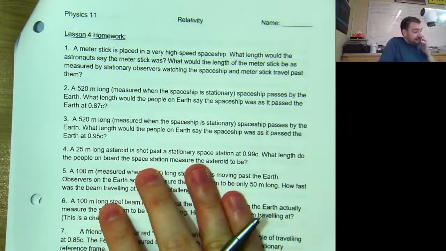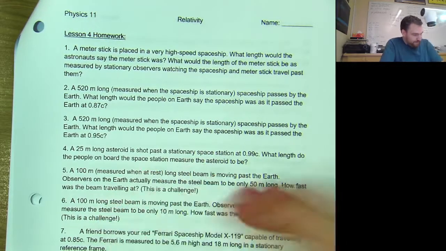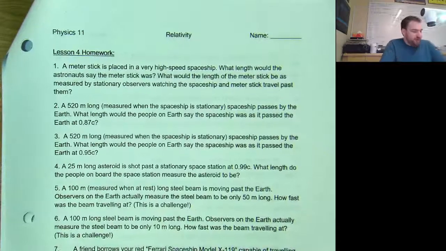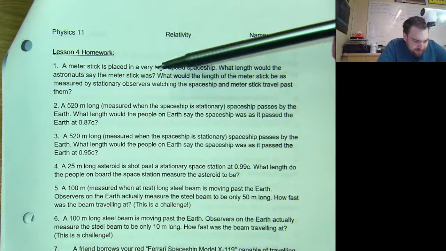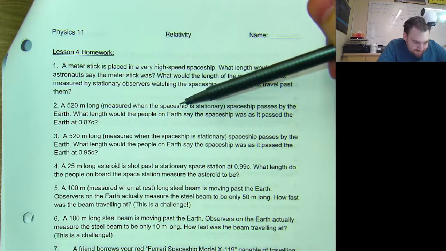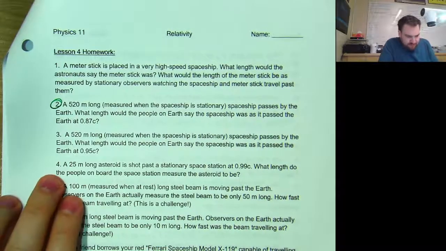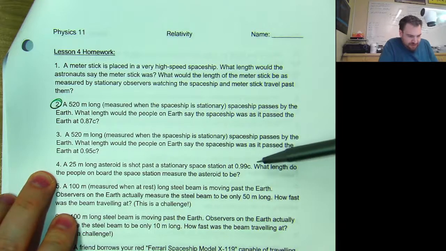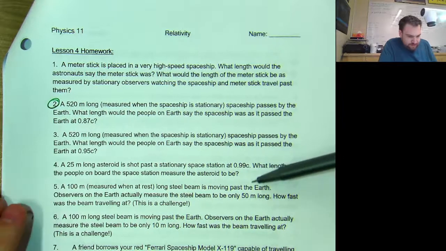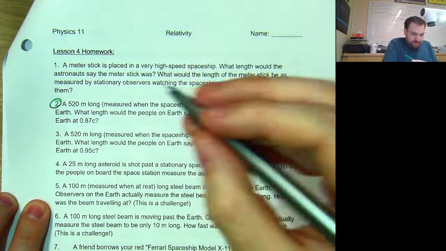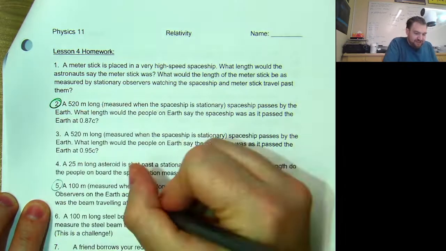I'm going to give you a couple of questions out of this. We're not going to do all of these. I'll circle the ones you guys are going to do. We're going to do 2. 2, 3, and 4 are all the same. We're going to jump to 5. This is not a challenge. You can do 5.